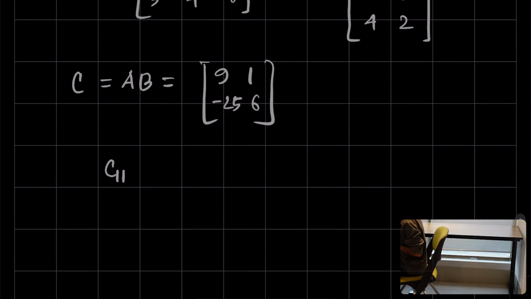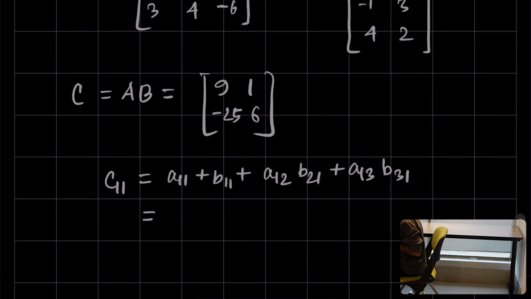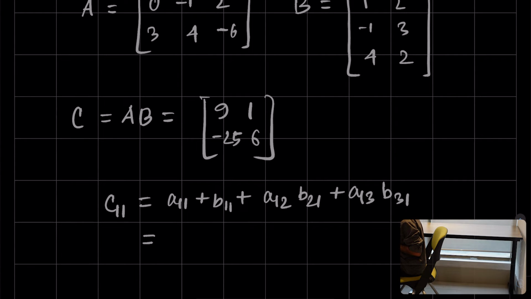Since it is 9, we can write this as a11 b11 plus a12 b21 plus a13 b31. If I multiply 0 with 1, that is 0, minus 1 with minus 1, that is 1, and 2 with 4, that is 8.